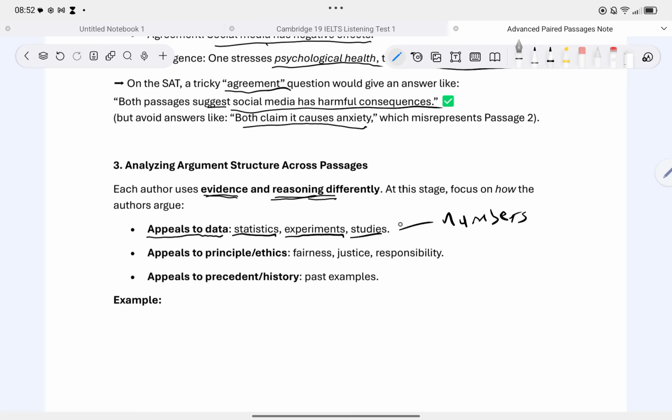You see things like according to social study, according to social research, in 1920, 20% of so and so.